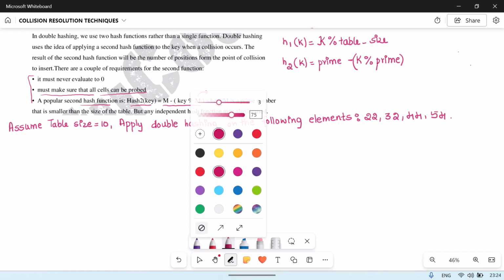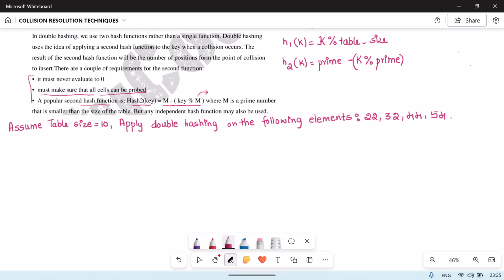Now let us try to apply it. We'll find the hash function. Initially, you remember the table would be there, and the table is of size 10 in this particular problem, so 0 to 9.